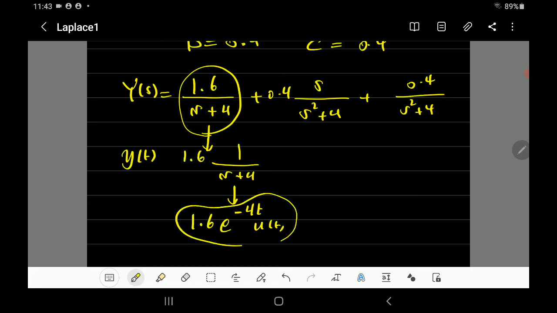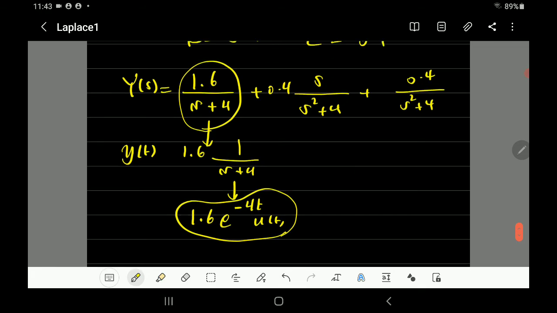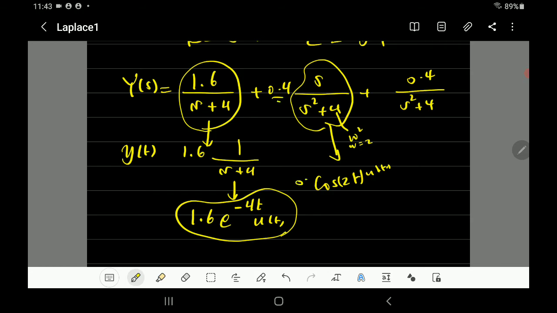So that's the first term. And this looks like a cosine of 2t. Remember, this is omega squared, and omega is equal to 2, so cosine 2t u(t), and you have the constant in front, 0.4.